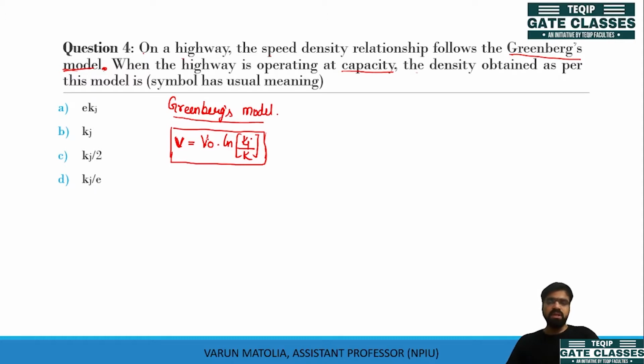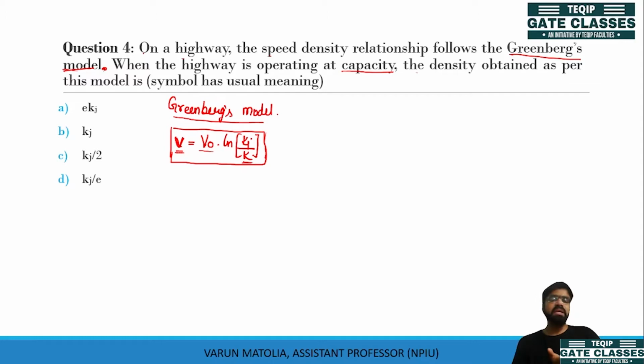This Greenberg's model defines the velocity value in terms of density, and the constants which are used are free flow speed and jam density. If the value of density is equal to jam density, this ratio will be equal to 1 and log 1 is equal to 0.